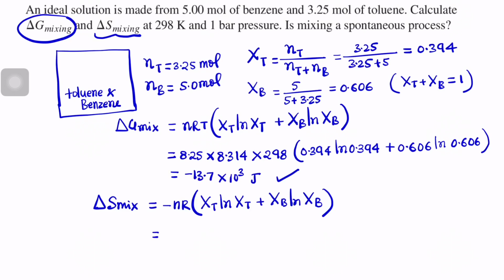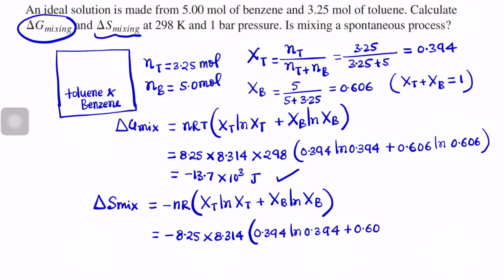Again the total mole is 8.25, so I will put 8.25 into R, the universal gas constant, 8.314, into 0.394 ln 0.394 plus 0.606 ln 0.606.